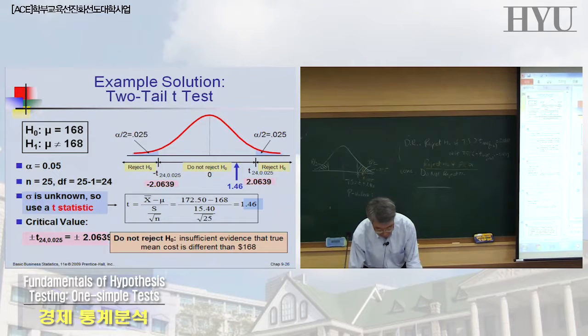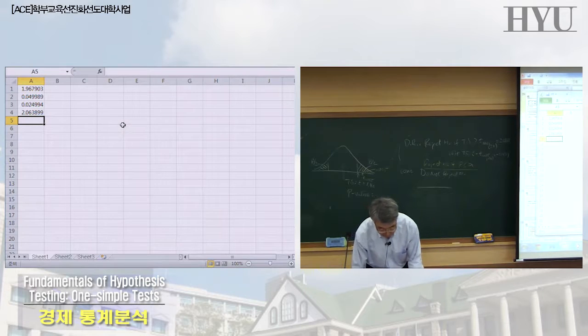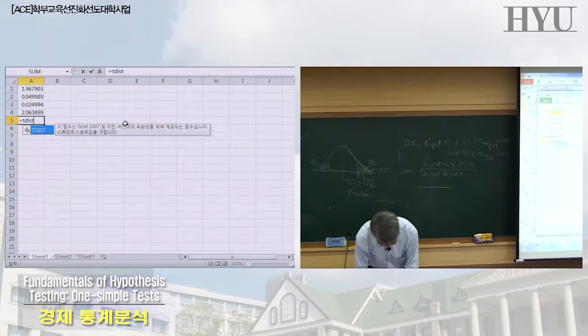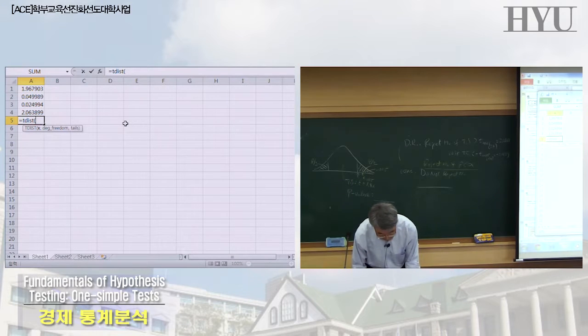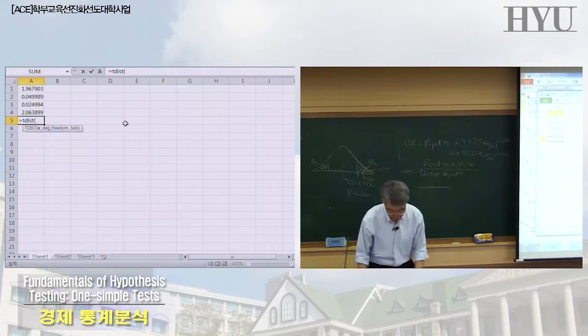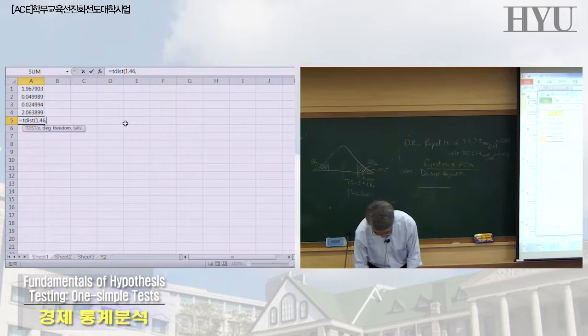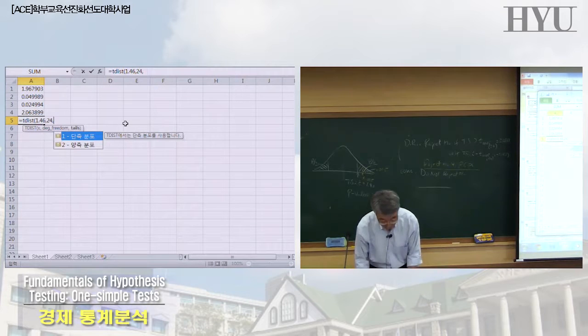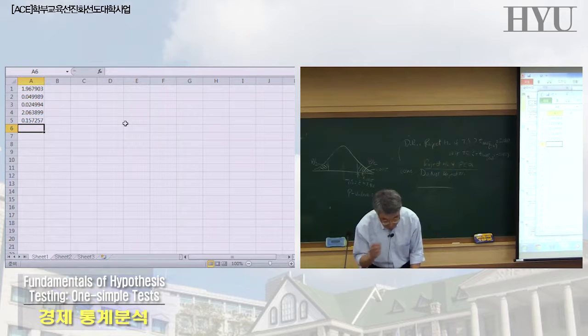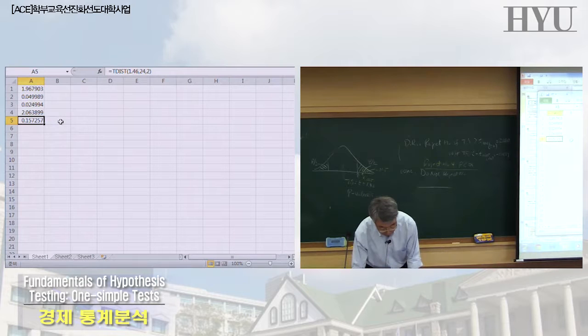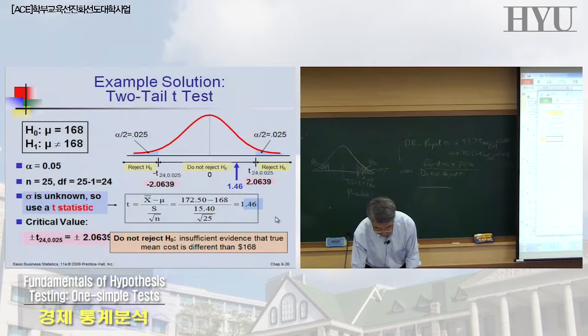So what you can do here is equals t distribution, TDIST, and the test statistic was 1.46, comma, degrees of freedom 24, comma, we are running a two-tail test. All right. So the p-value comes out to be 0.157.